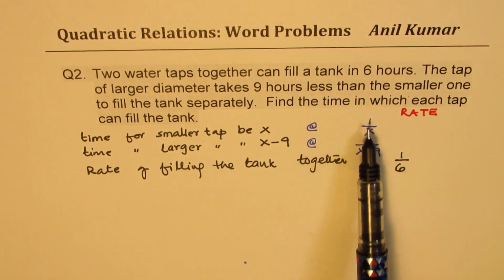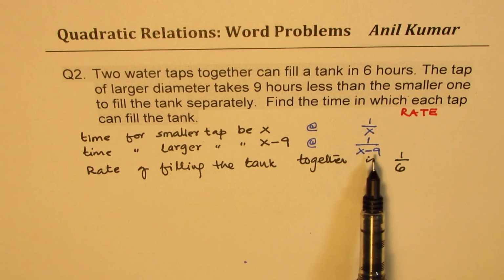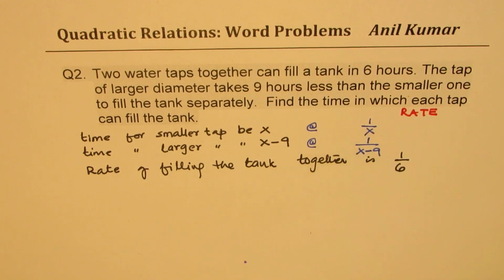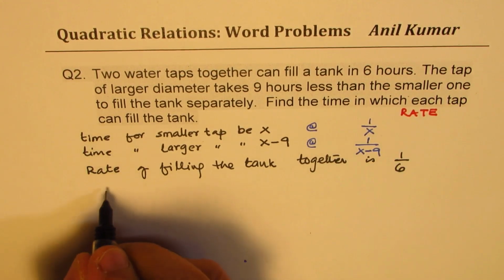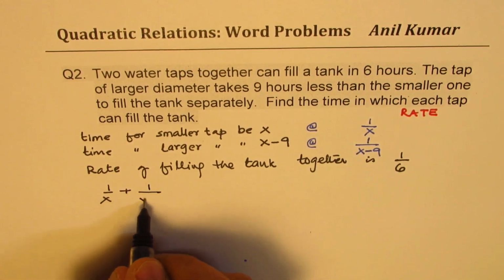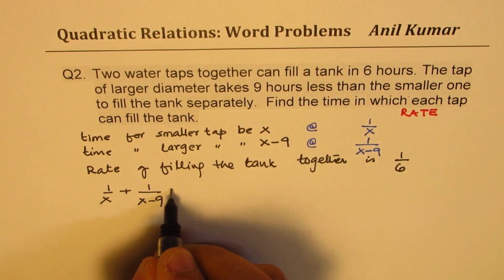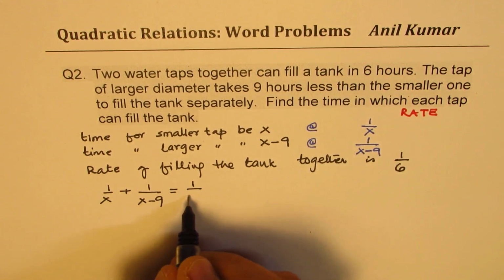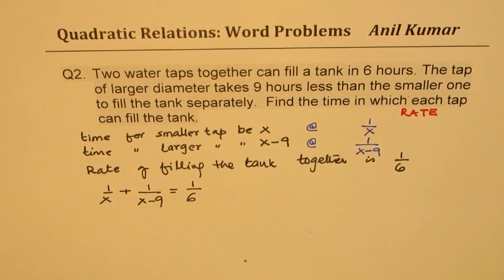Individually, the rate is 1 over x and 1 over x minus 9. So from here, you get your equation, right? So the equation in this case is 1 over x plus 1 over x minus 9 equals 1 over 6. When they work together, it is done in 6 hours. You get the idea.